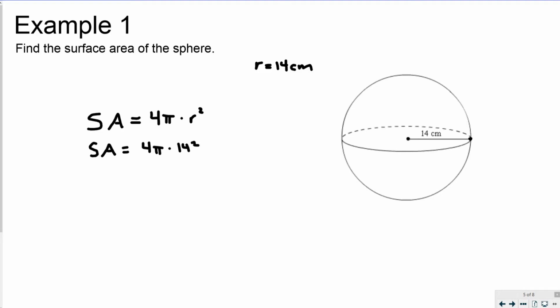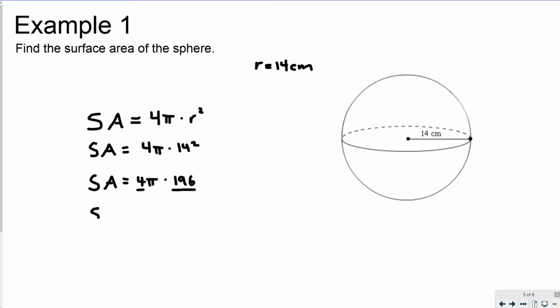And then order of operations kicks in. So the surface area here will be equal to 4 pi times, and then you would do 14 to the second power, which is 196. So then you're going to multiply the 4 and the 196, since these are all multiplication.